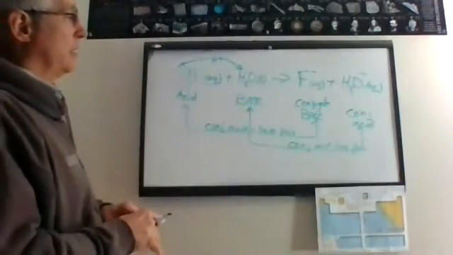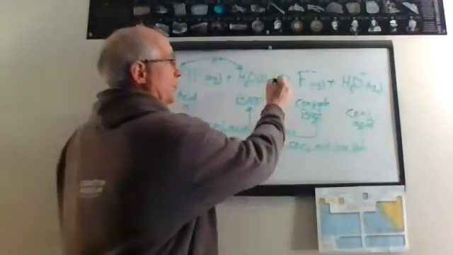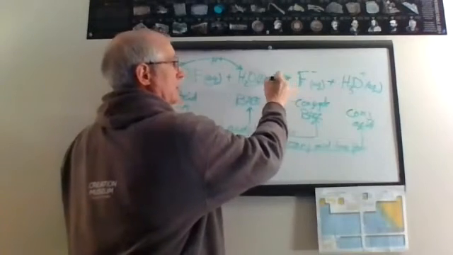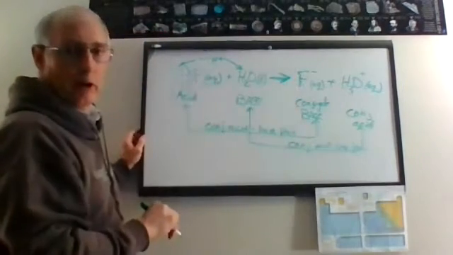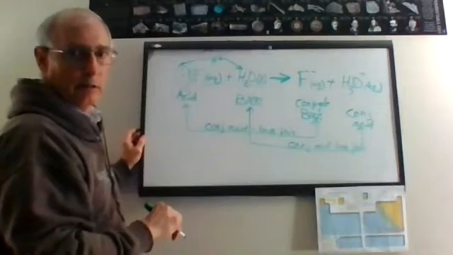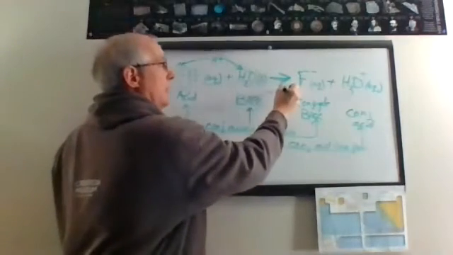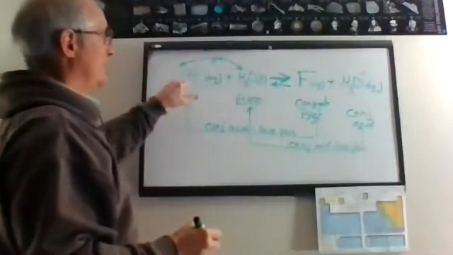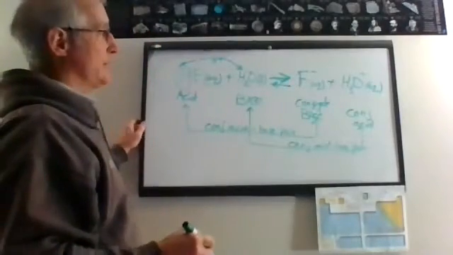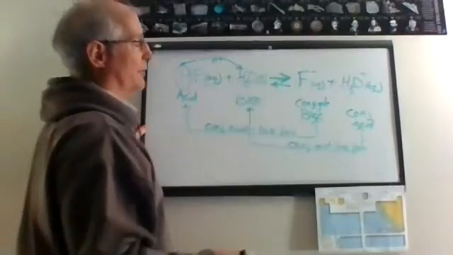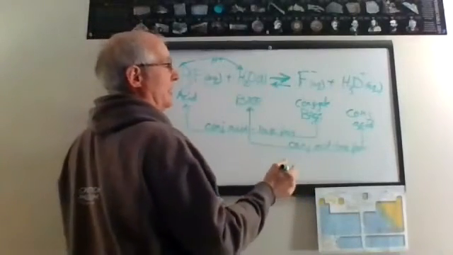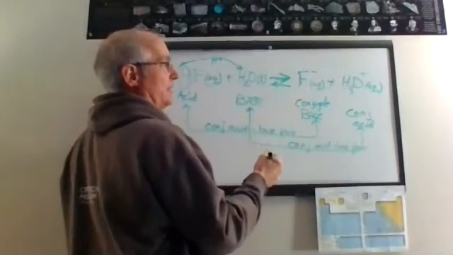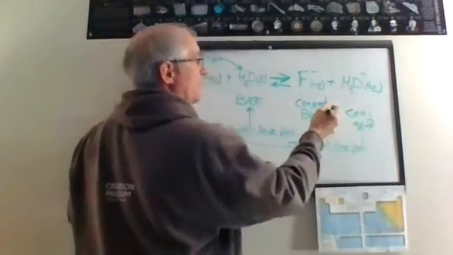Now here's the deal. This is a reversible reaction. So is this acid a strong acid or a weak acid? If it's reversible, it sets up equilibrium. It's reversible, it's a weak acid. Hydrofluoric acid is weak. We'll talk about what that means with regard to ionization like this in a little while.